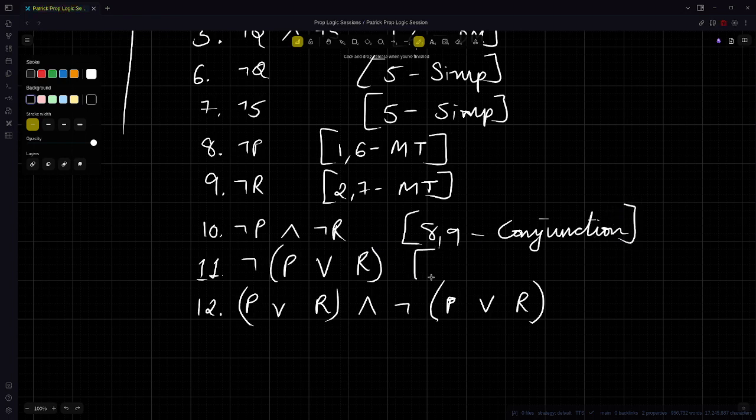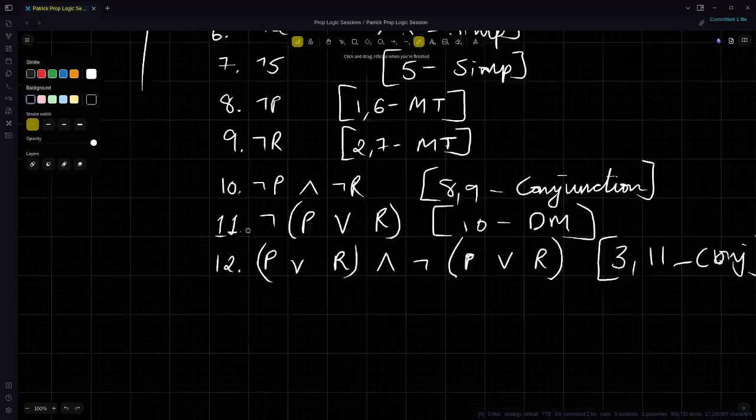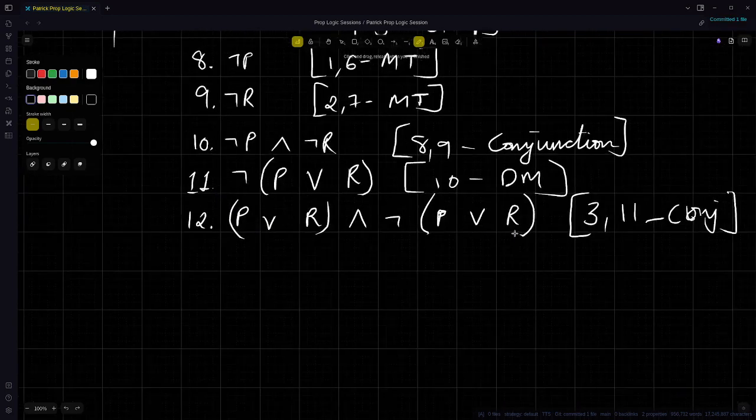And then this is 10 De Morgan. This is conjunction, 3, 11, conjunction. And that's a contradiction.